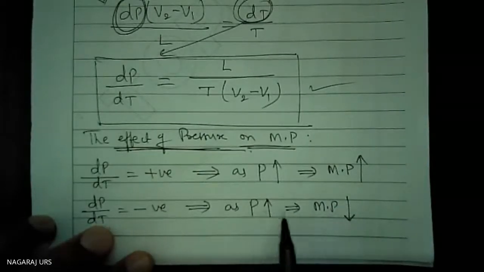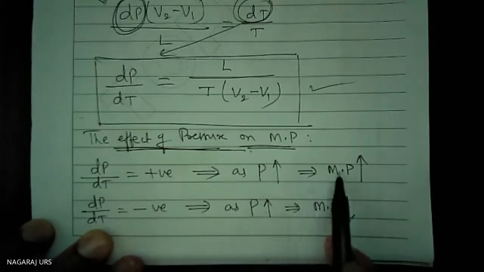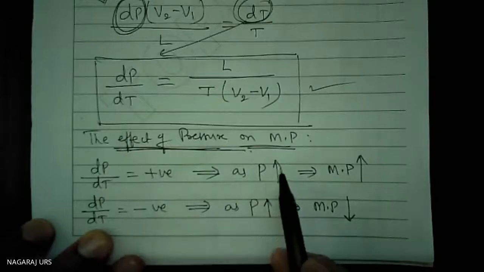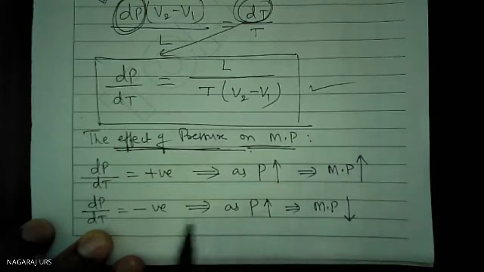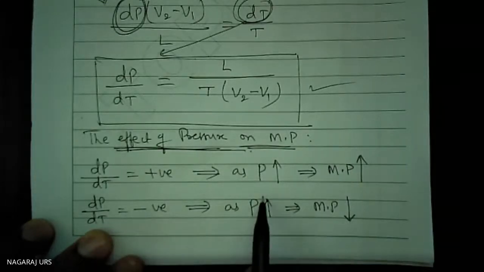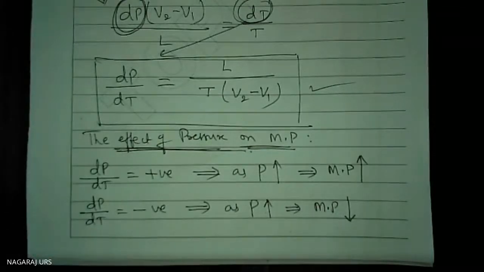These two are inversely proportional provided it is negative. These two are directly proportional provided it is positive. Pressure decreases, melting point decreases. Pressure increases, melting point also increases. But if it is negative, pressure increases, melting point decreases; pressure decreases, melting point increases. So be careful about this.